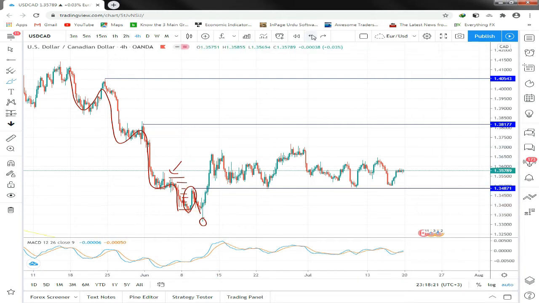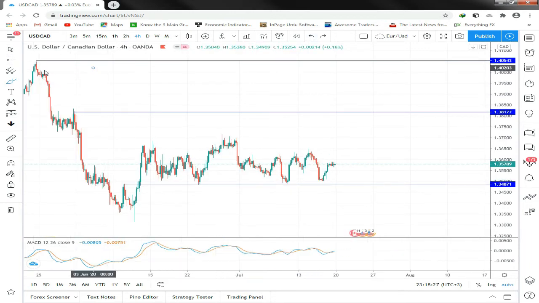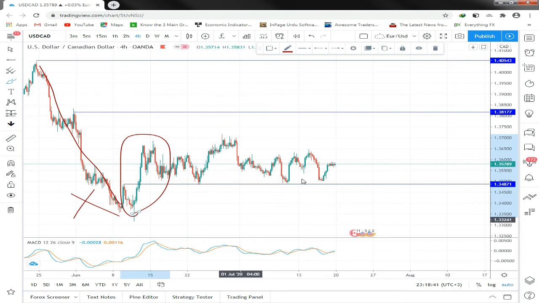So imagine that the strong downward move is now completed. You see this move, buyers have come back to push the price upwards.